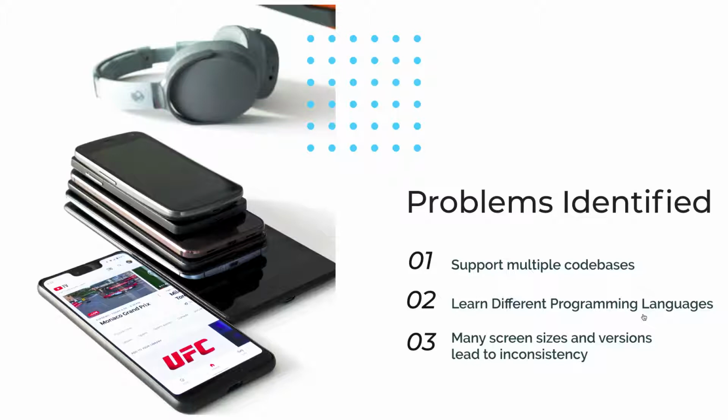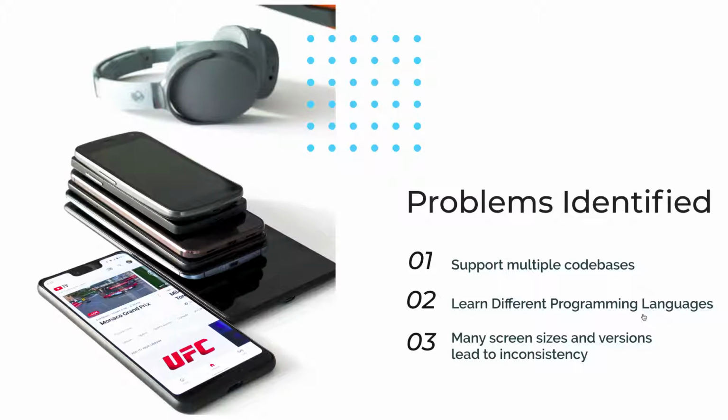So like we said, for Android, maybe you learned Java or Kotlin. For iOS, you'd have to learn Swift. And then the last problem that we saw was that you have to support many screen sizes and different versions in the operating system. And this can lead to inconsistency because maybe your app will look different on one device, or maybe a feature will work nicely on a particular platform, but it won't work on another.